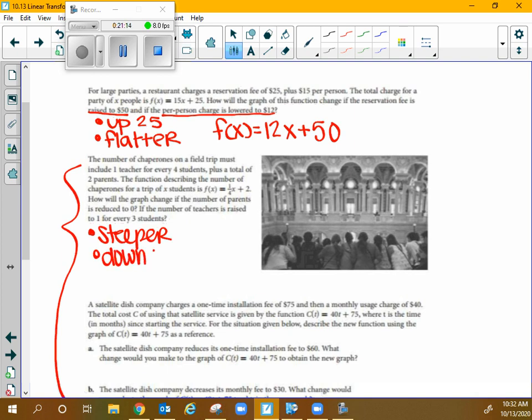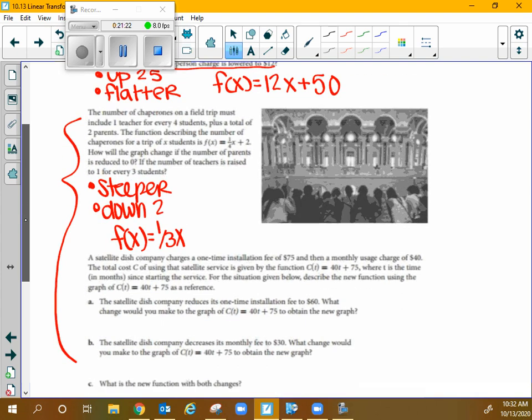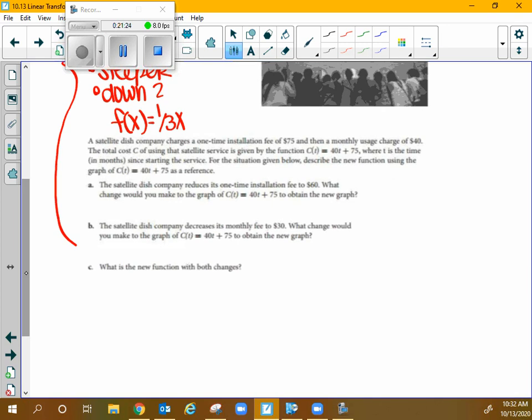What was your new equation? Okay. For part A, what change would the graph have? What would that mean? Down 15. Did you say up 60 or down?